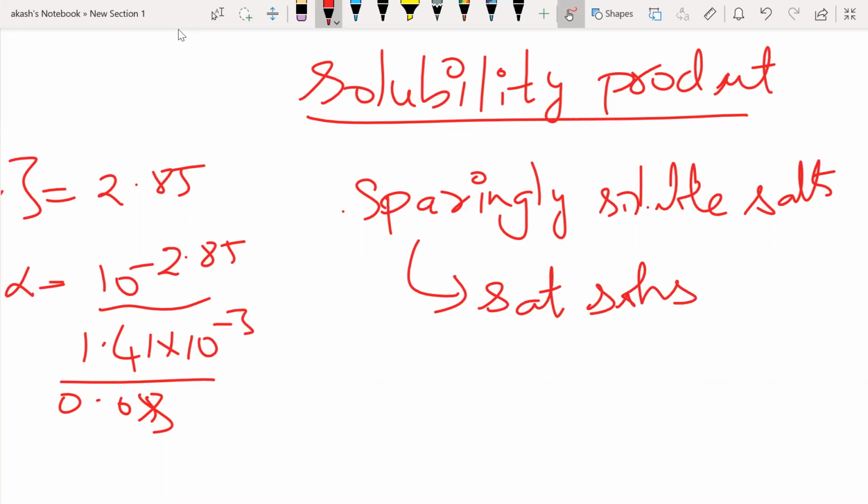Hope you know what is a saturated solution. Saturated solution means not any more amount of solute can be added. If you add it, I am going to have precipitation happening. Please remember that. To a saturated solution, if you're going to add more amount of solute, it is going to form a precipitate. So sparingly soluble salts, already they are less soluble. Obviously, that means they will easily form saturated solutions.